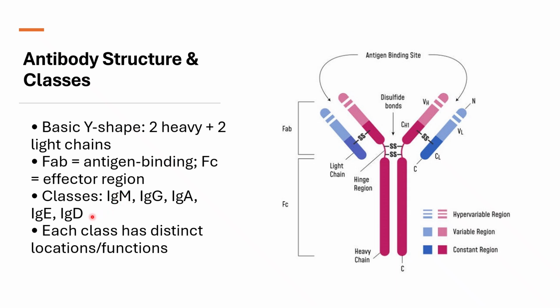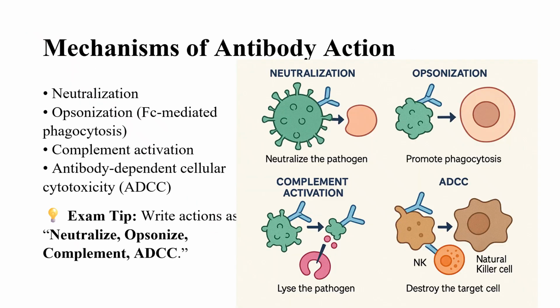Immunoglobulin D, found mainly on naive B cells, functions as part of the signaling machinery that helps those cells recognize antigens and begin activation. Let's think of antibodies as quiet, precise guardians, built to intercept a threat before it can spread.